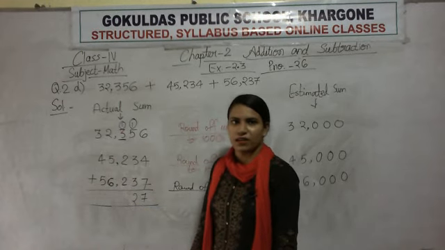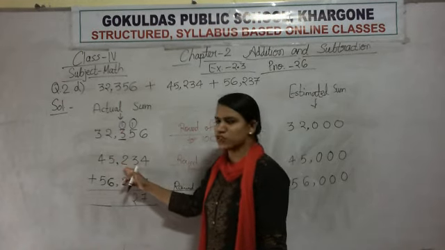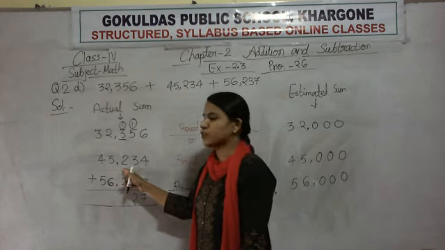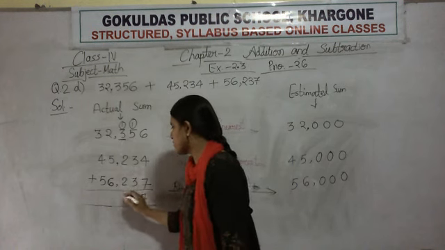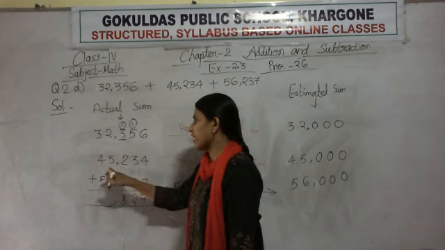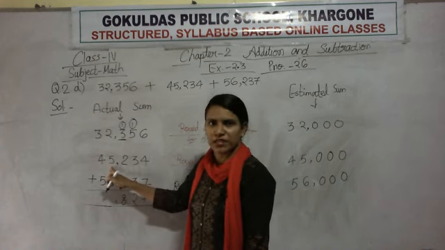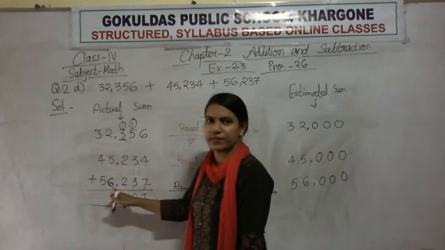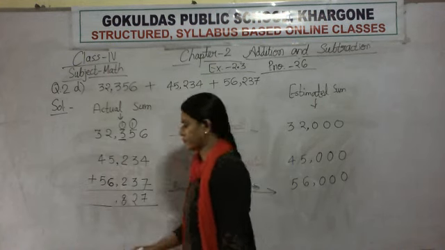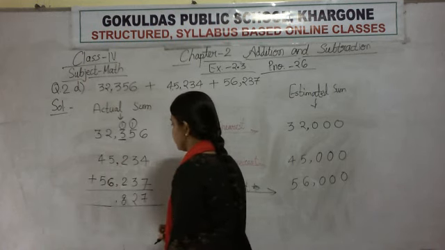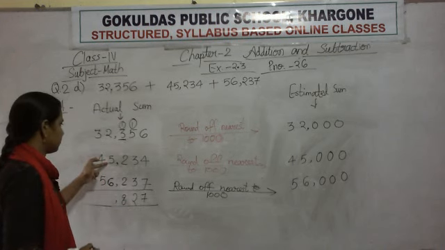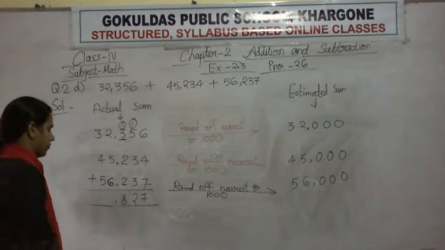1 plus 3 is 4. 4 plus 2 is 6. 6 plus 2 is 8. 2 plus 5 is 7. 7 plus 6, tell me the answer fast. 13.